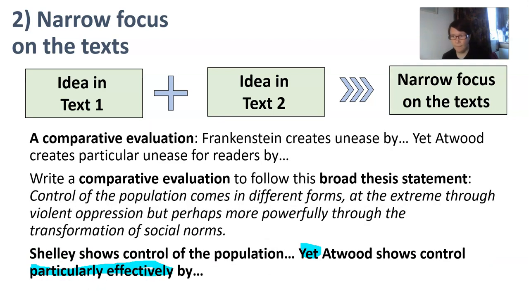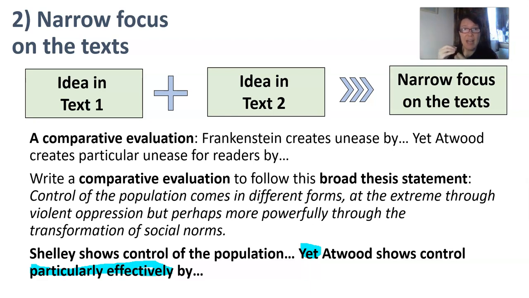All right. The final one is the comparative evaluation. So this is where you are saying that one text shows this idea better or more powerfully than the other text. And so this is sometimes where we're talking about something where it's really obvious in one text. And so violence in The Handmaid's Tale is really obvious, super obvious.